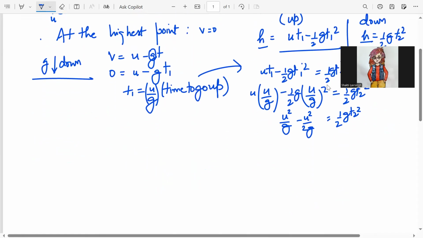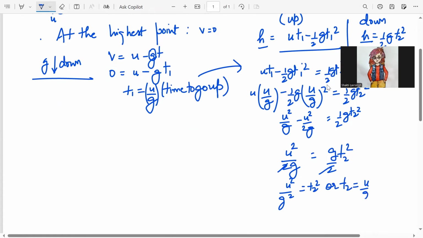Another couple of steps and we'll be there. This is U square upon 2G equals G upon 2 T2 square. The 2 cancels out. The G should come down here. And this will give us U square upon G square equals T2 square, or T2 equals U upon G.